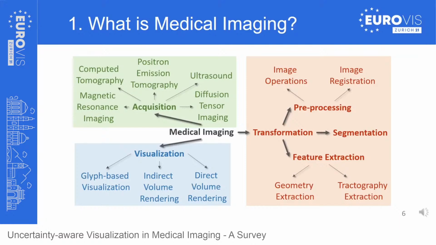The transformation part can also be separated into three major subgroups, which means pre-processing, including image operation and image registration, segmentation, and feature extraction, which further separates into geometry extraction and tractography extraction. For the visualization part of medical imaging, we can build up three major categories, which are glyph-based visualization, indirect volume rendering, and direct volume rendering.